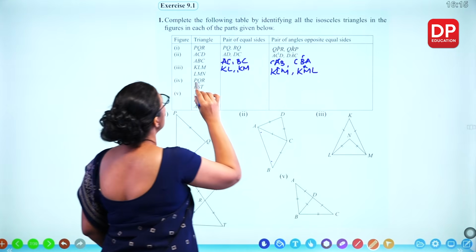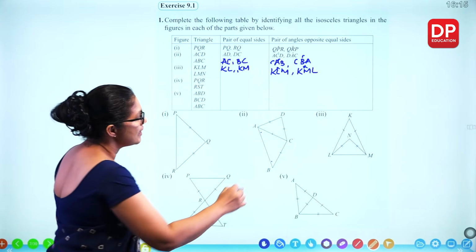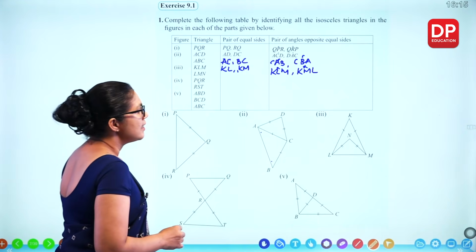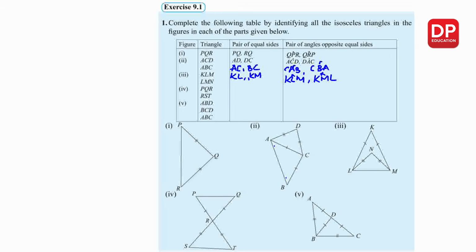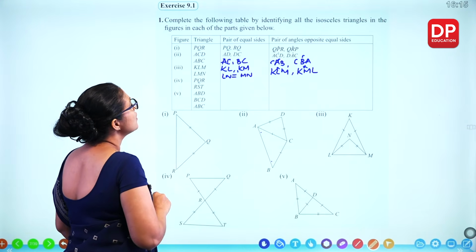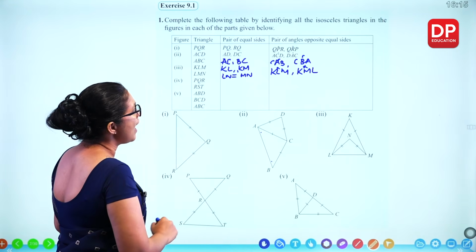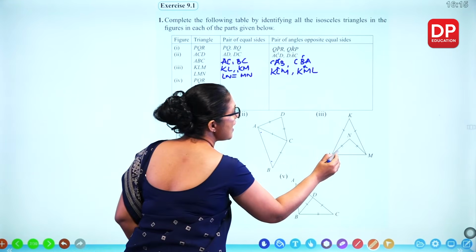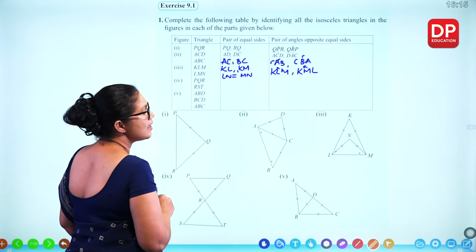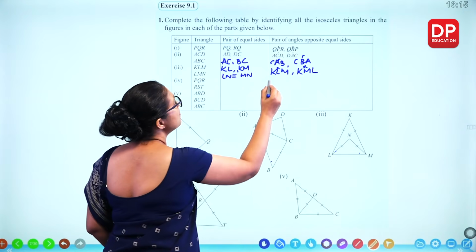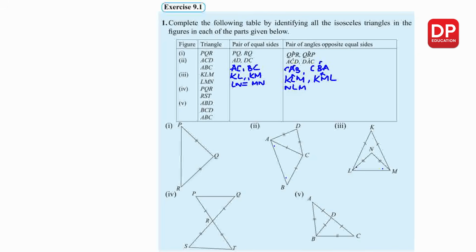Now what can you say about the other one? LMN. That's the smaller one. So it's given LN is equal to MN. So what are the two angles equal? We can say that these two angles are equal. NLM and NML.